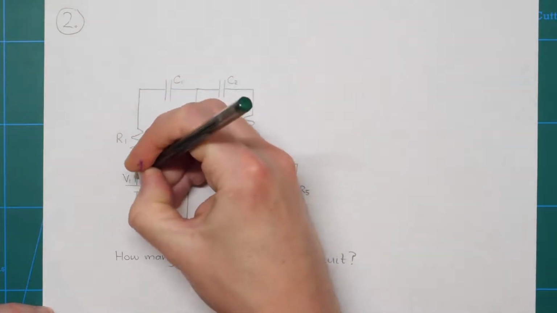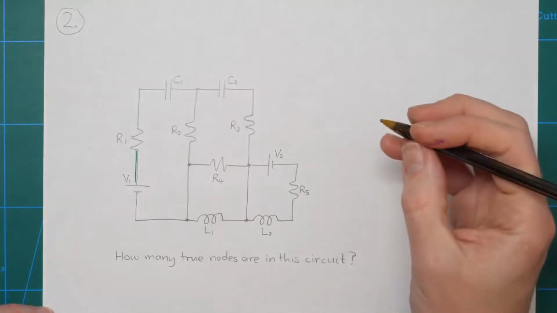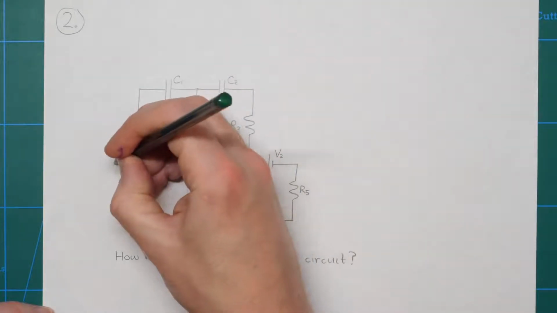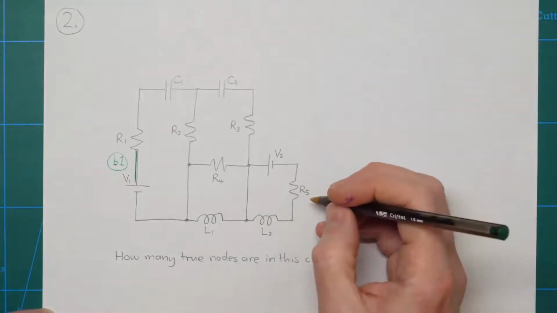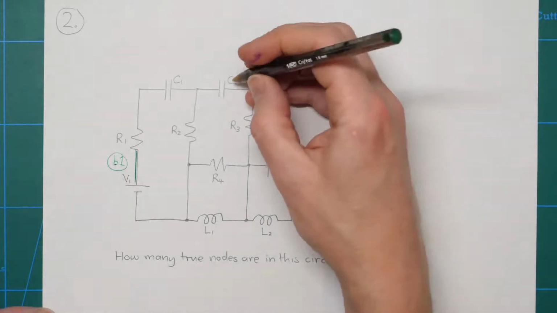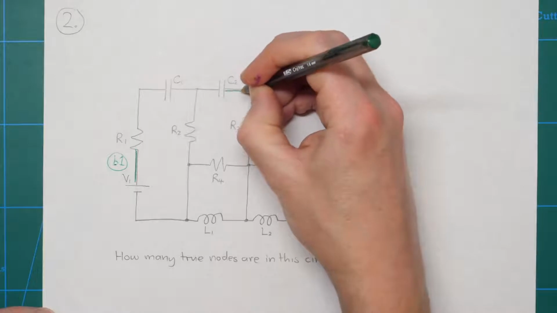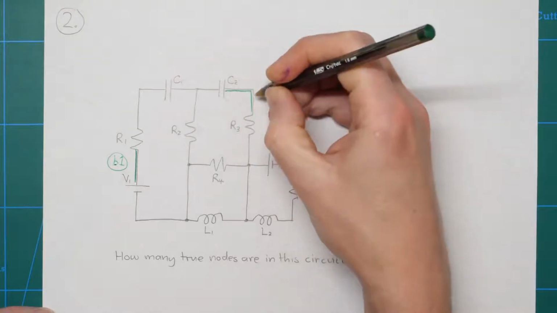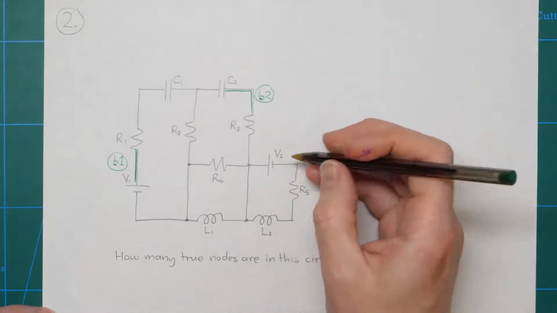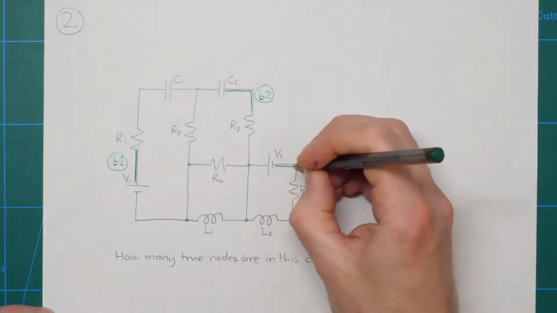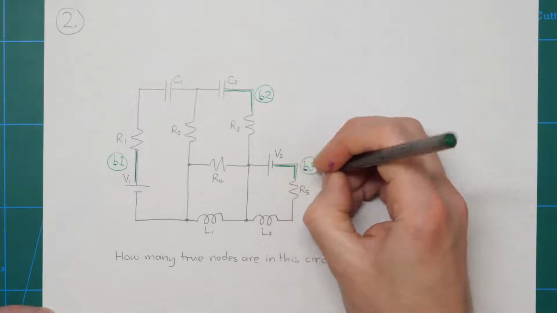So we've got one binary node here. Why don't we call that B1? I've got another binary node up here. Call that B2. Got a binary node here. We'll call that B3.